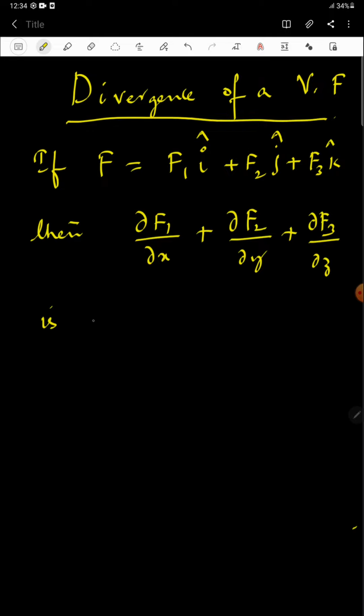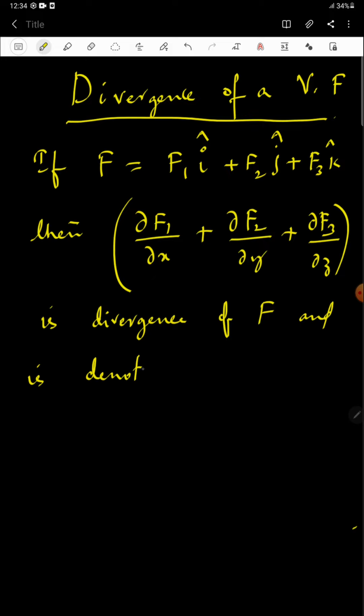I'm not defining divergence, I'm just telling you what divergence stands for. It is the divergence of f and is denoted by div f, where f is the vector, or del dot f.